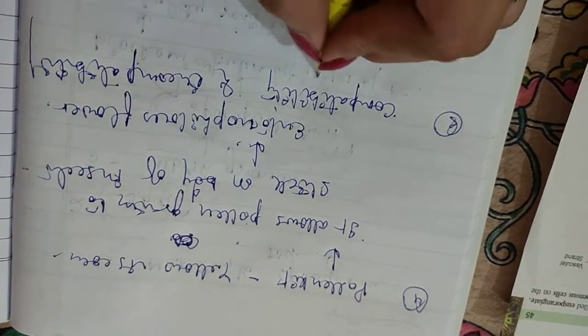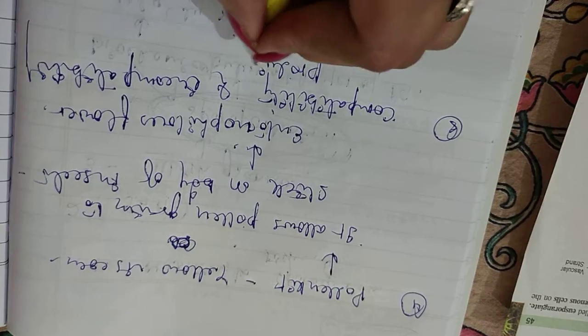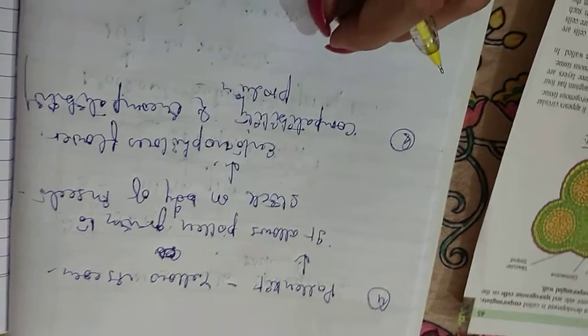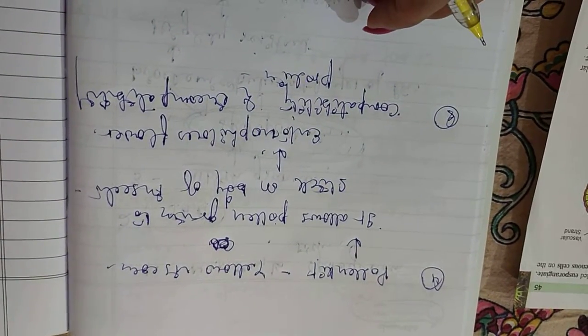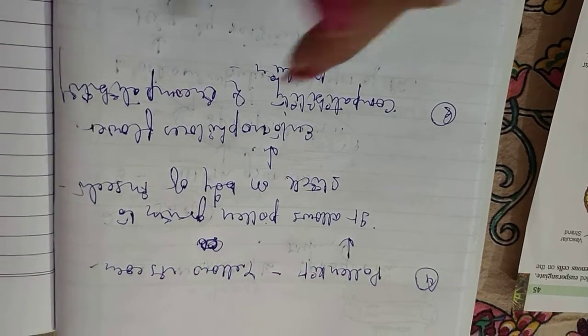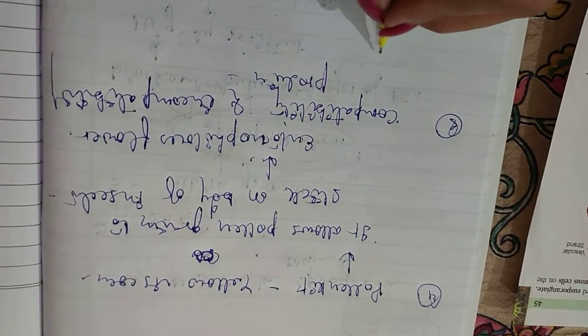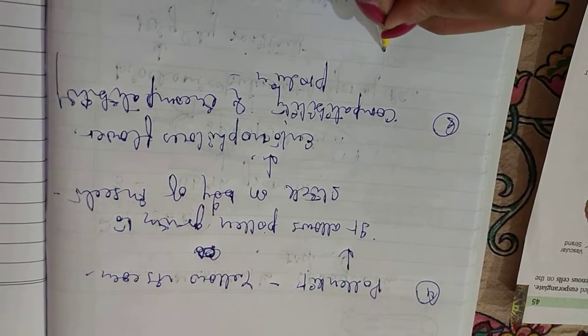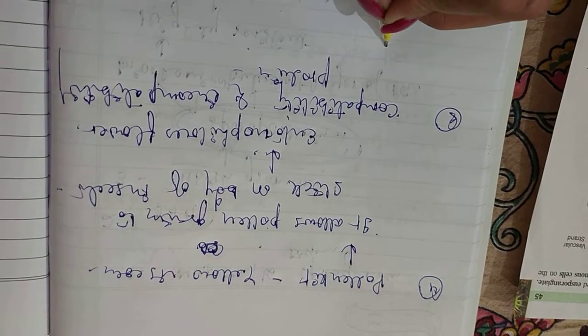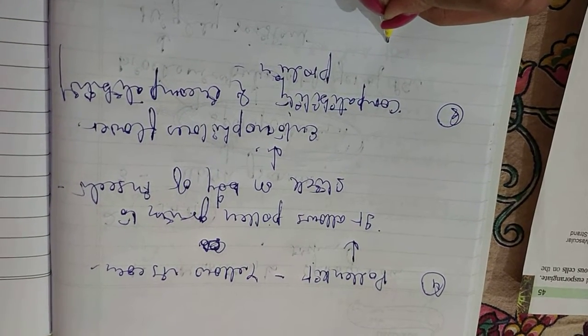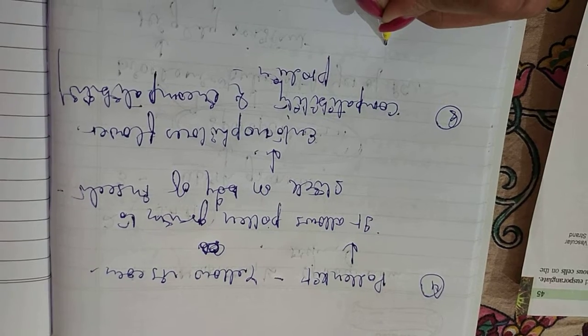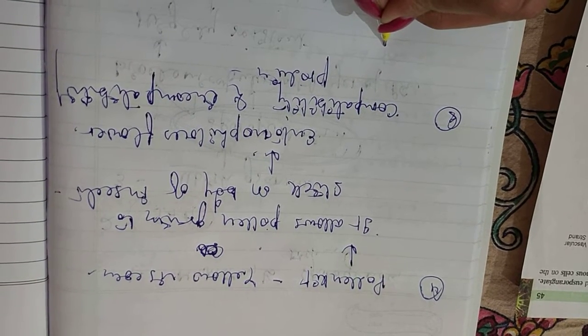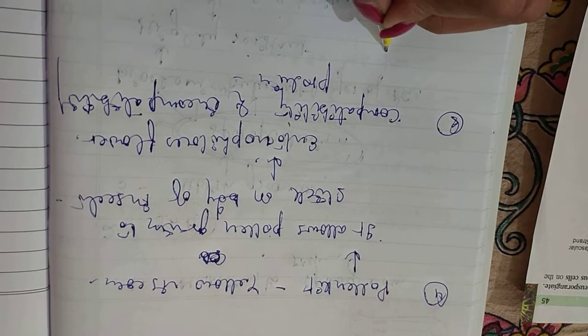Do you know what this means? Compatibility and incompatibility proteins mean that a flower does not have any physical filter to stop unwanted pollen grains from coming to the flower.